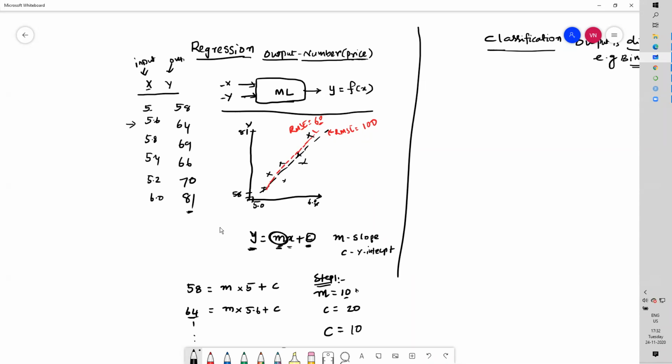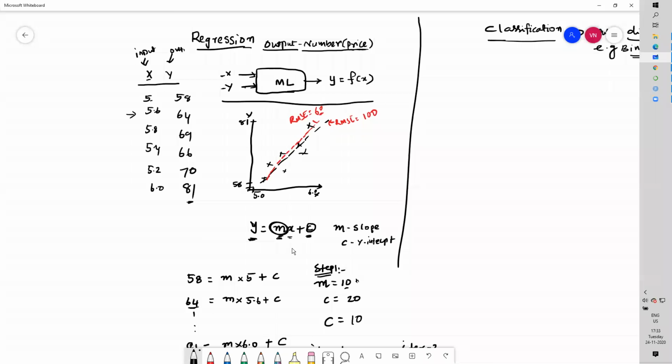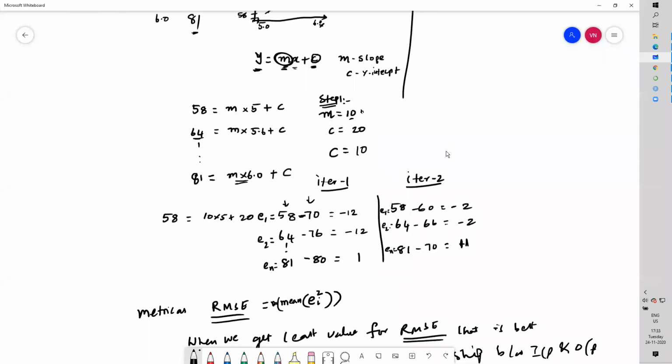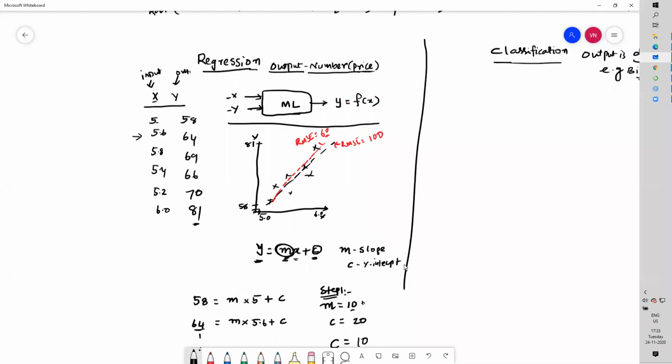Instead of choosing a linear function, if we had chosen a different function, then all these computations would change. So as a machine learning engineer, what we have to do is choose the appropriate function that can represent the relationship between your input and output.